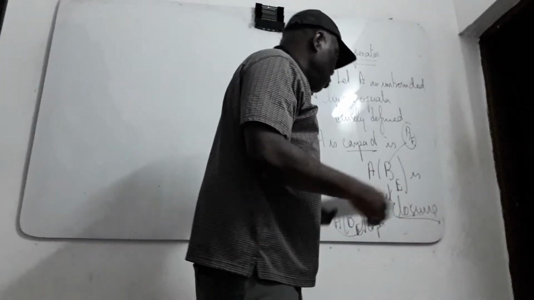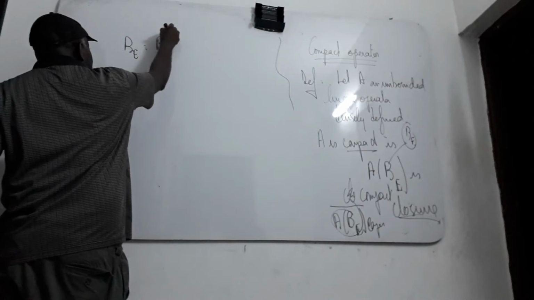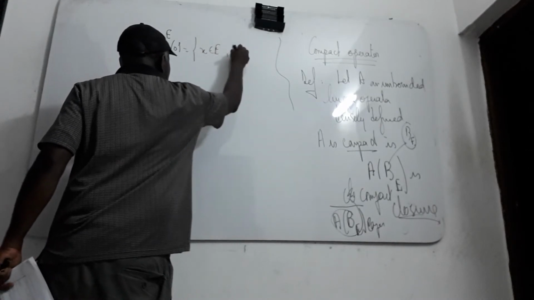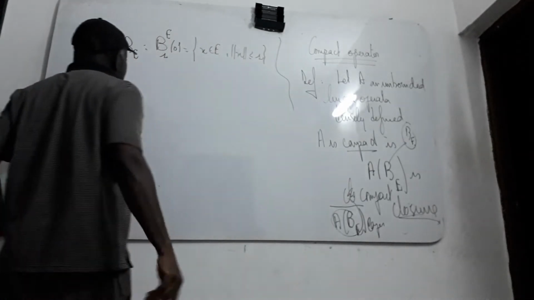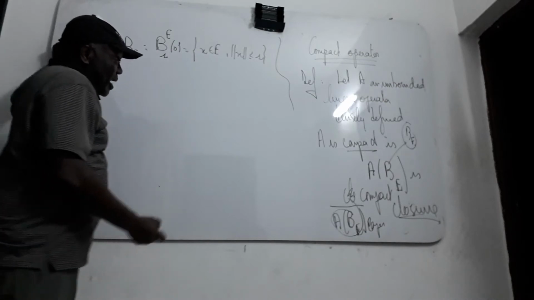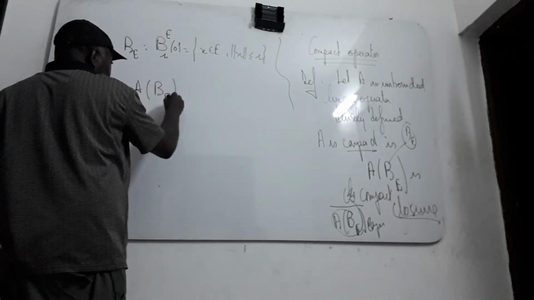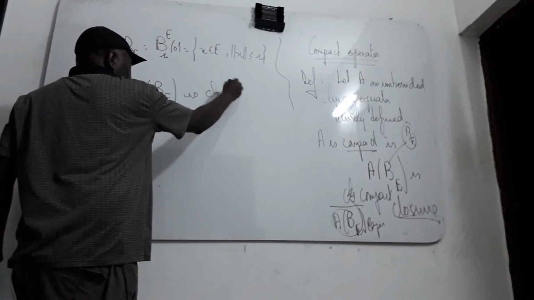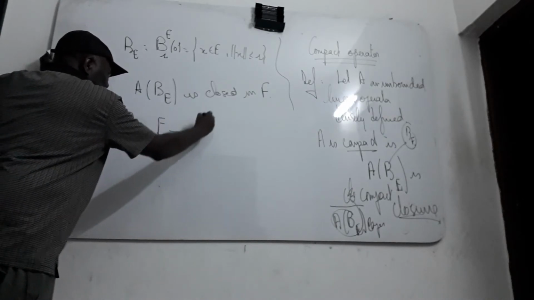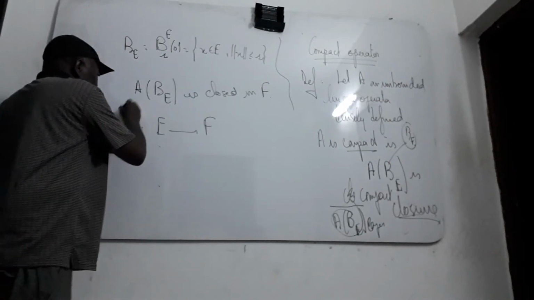So I remind you the unit ball in E is the set of x such that the norm of x is at most 1. Then the image of this ball is closed in F, because A is a map from E into F. That means that your A is compact.